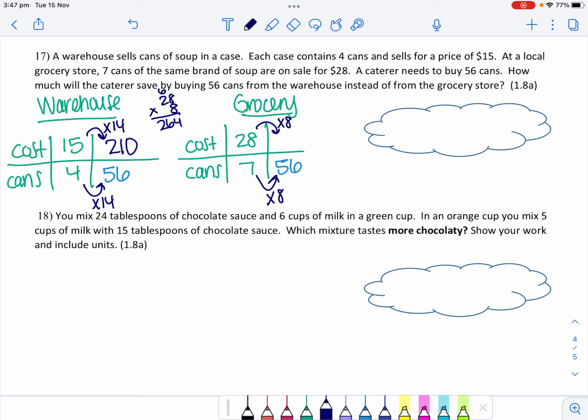So 264. And I want to know how much the caterer will save by buying the cans from the warehouse instead of from the grocery store. So I'm going to do 264 minus 210. And I'm going to get $54 is saved.